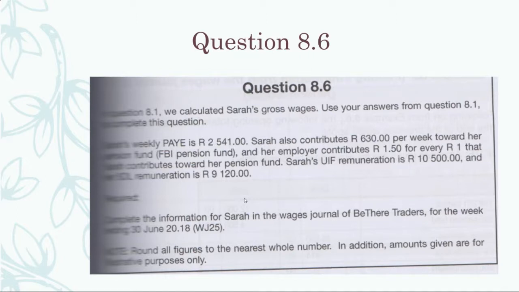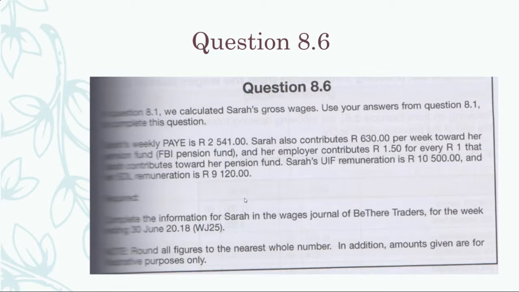So what this question asks you, in question 8.1, we calculated Sarah's gross wages. Then they say use the answers of 8.1 to complete the question. So they only give you the weekly pay as you earn is 2,541.